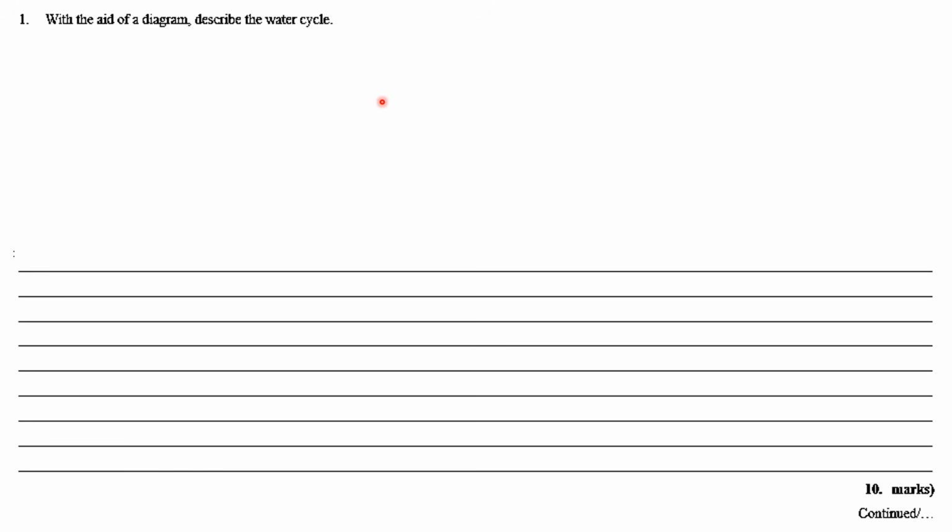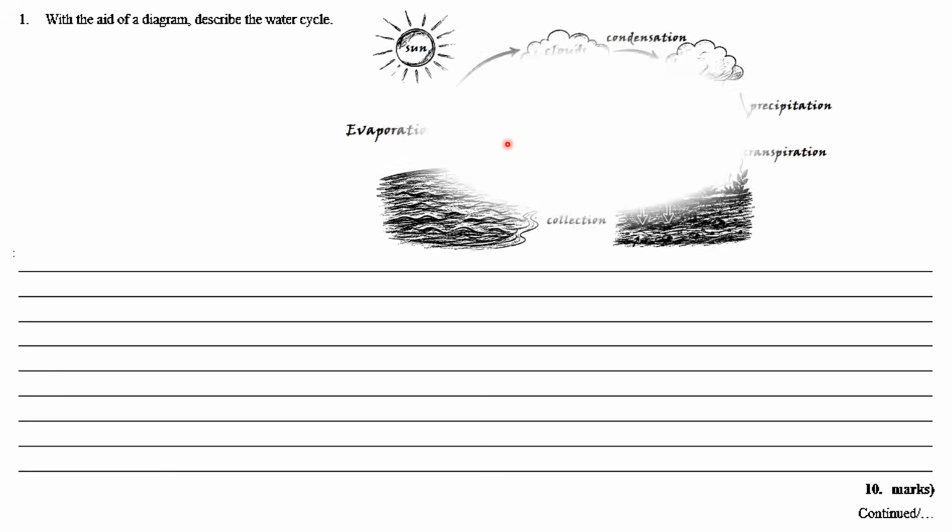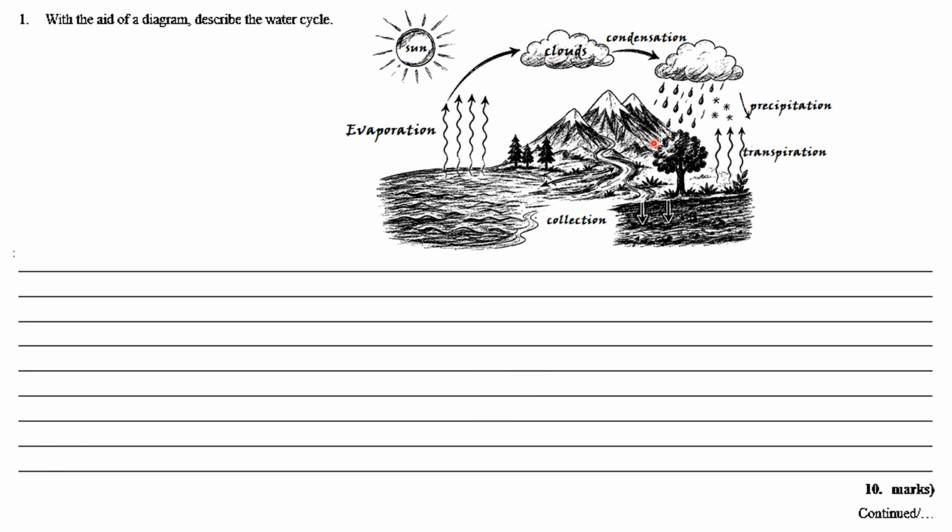All right, so in order for us to describe the water cycle, we shall need this diagram here. The diagram has several components. It has water bodies, which can be lakes, rivers, oceans, and seas.